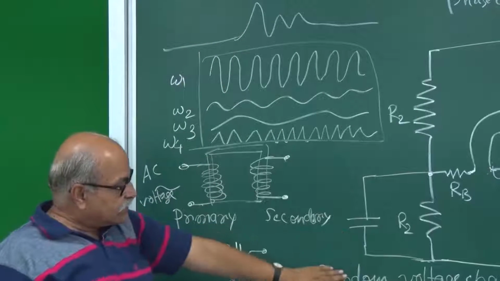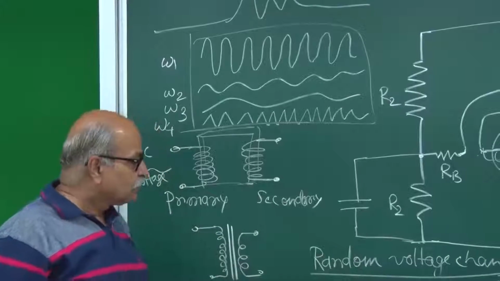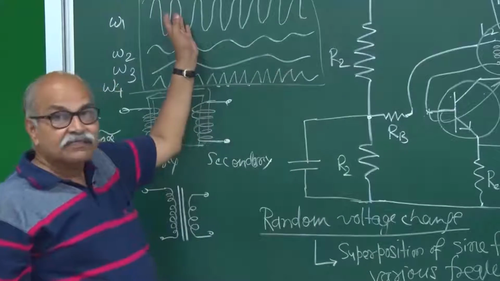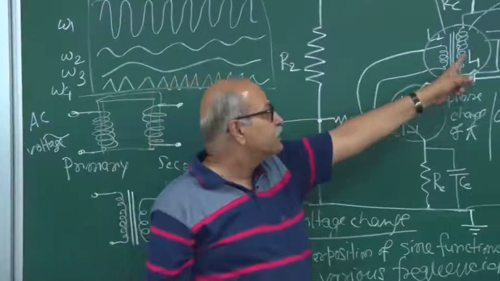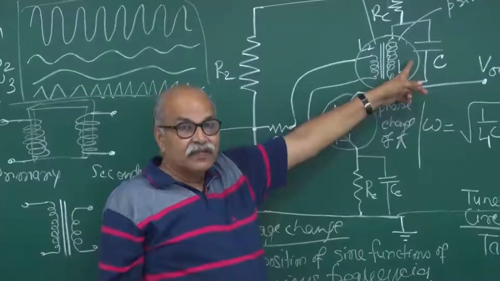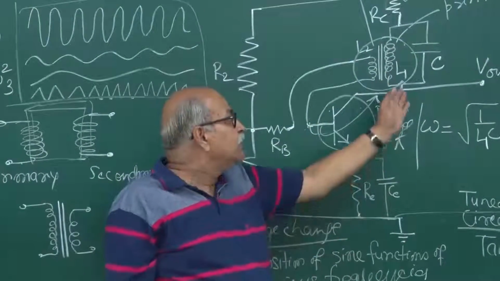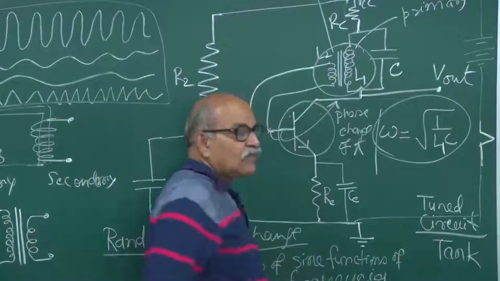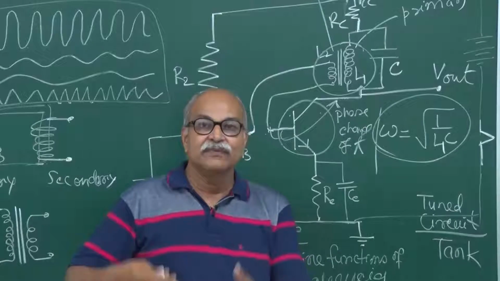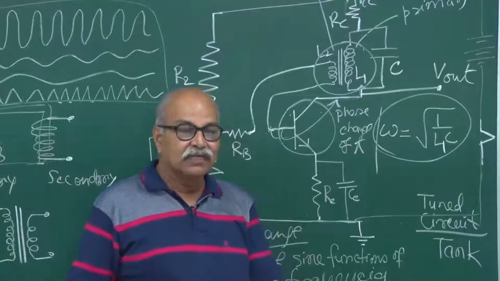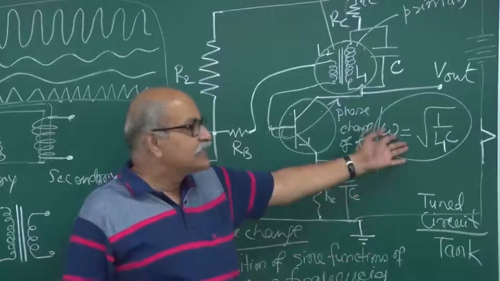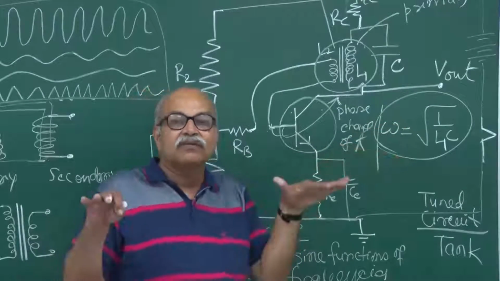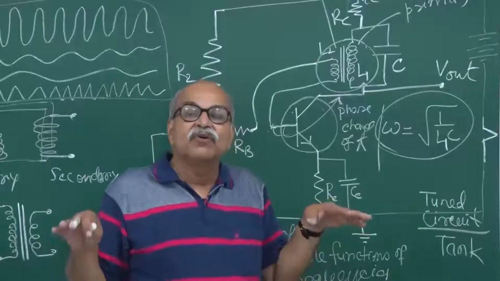So whatever it is, that random voltage change when you first switch on can be taken as a superposition of sine functions of various frequencies. But then this is a circuit where if the input going into it is at this frequency, then it oscillates with larger amplitudes. And if other frequencies come which are very different from this, those oscillations are of very small amplitudes.